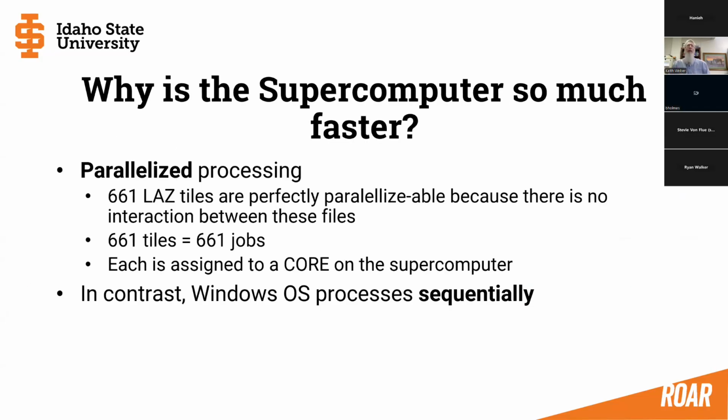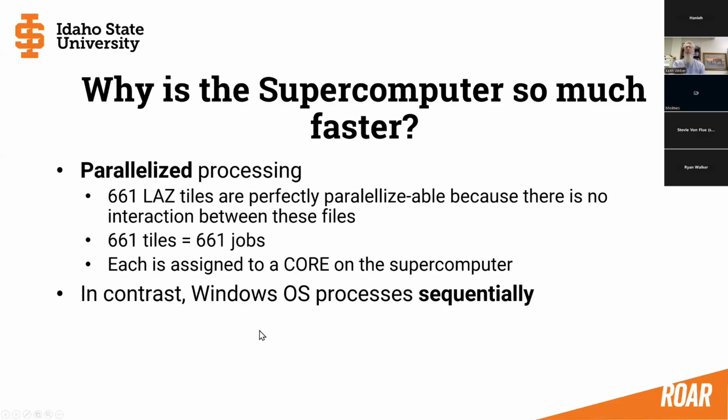A little bit of an aside. It's because it uses what's called parallelized processing. Those 661 LAZ tiles are a job that we call perfectly parallel, or parallelizable, because there's no interaction between those individual tiles or files. So what happens on a supercomputer is those 661 tiles are seen as 661 jobs.